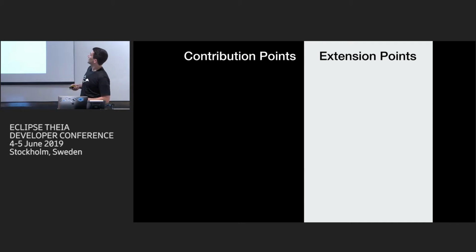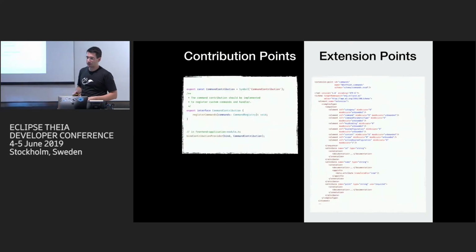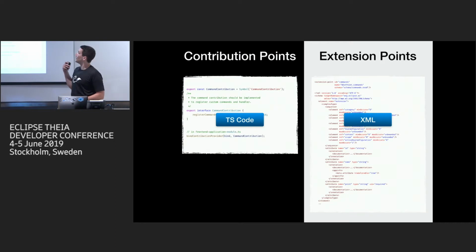So the extension points or contribution points have a very similar meaning, but the technical representation is quite different. So in Eclipse IDE, we have this painful XML schema to describe extension points, and I left out the Java code you need to parse and interpret that. While in Theia, it's quite nicely integrated with a utility to bind those contribution providers.